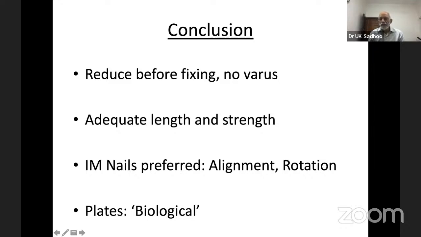I have shown many times in my lectures that all you need is to convert the shear forces into compressive forces. Nature will take care of the healing. You are nobody to heal. You cannot heal anything. You are just there to help nature, not obstruct it, and put it in a good alignment for nature to work.